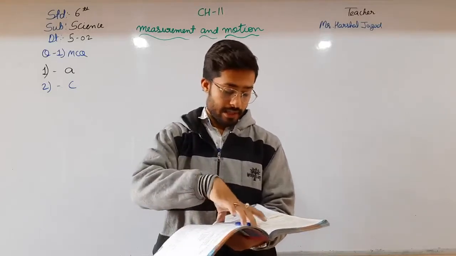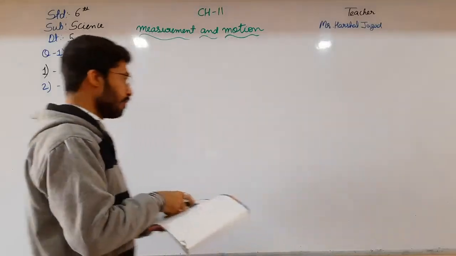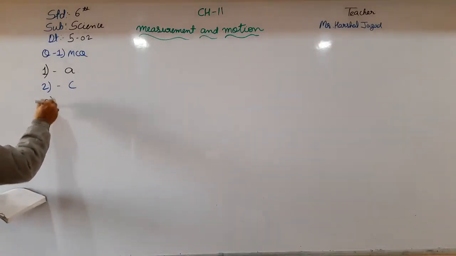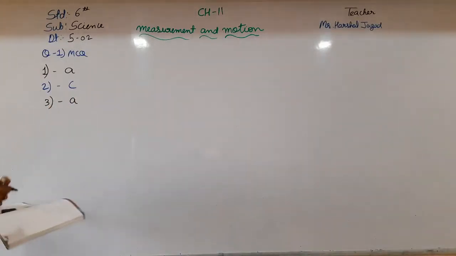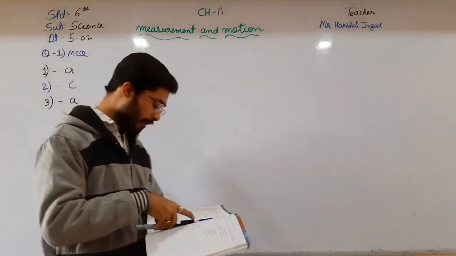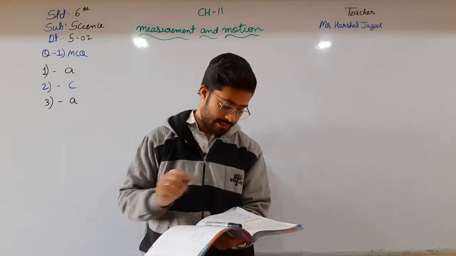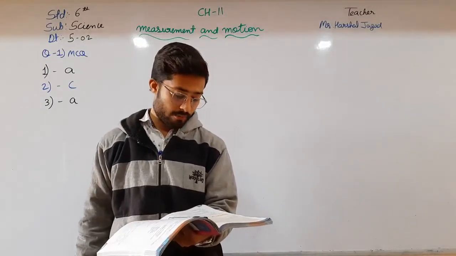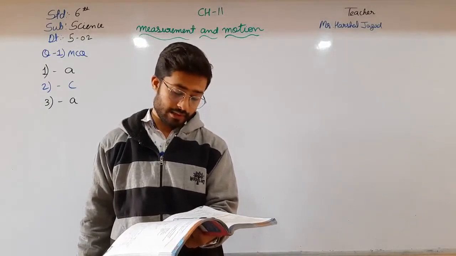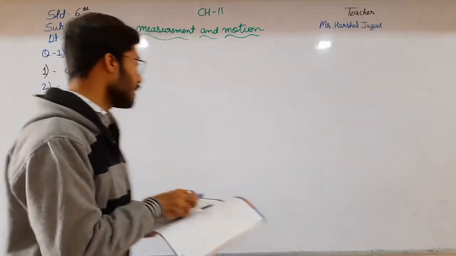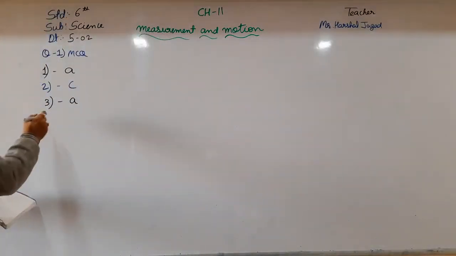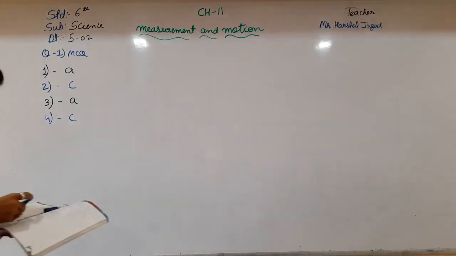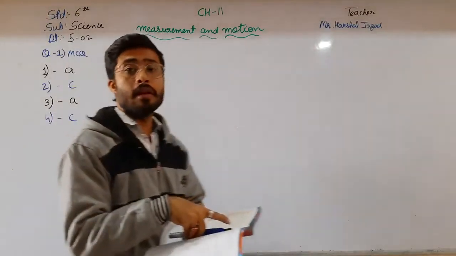So here it will be measurement based on body parts, because different bodies have different body lengths. Then a millimeter is dash: thousand times a meter, 1/100th of a meter, 1/1000th of a meter or 1/10th of a meter. So here it will be C. Fourth one is C, a millimeter is a 1/1000th part of a meter.